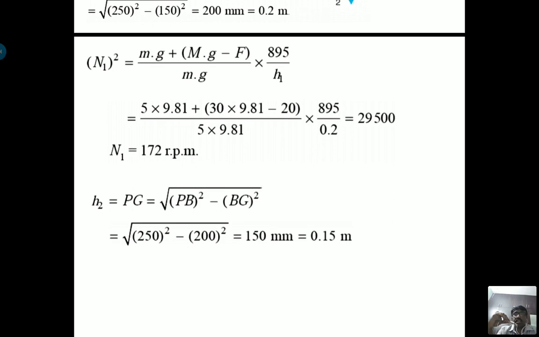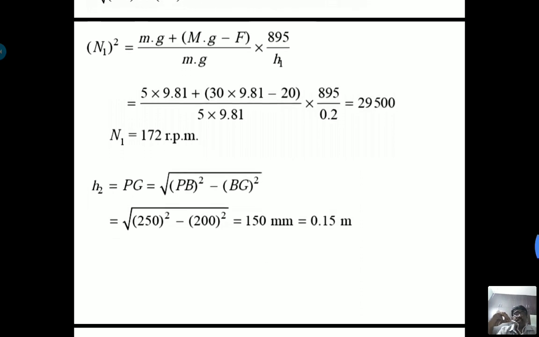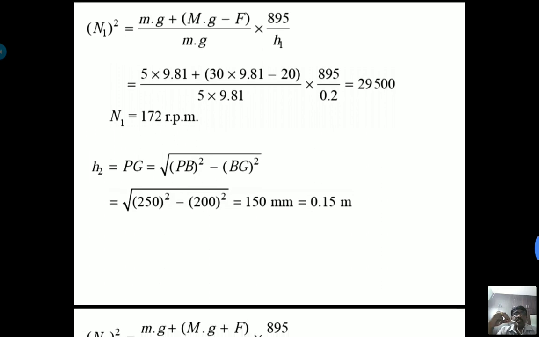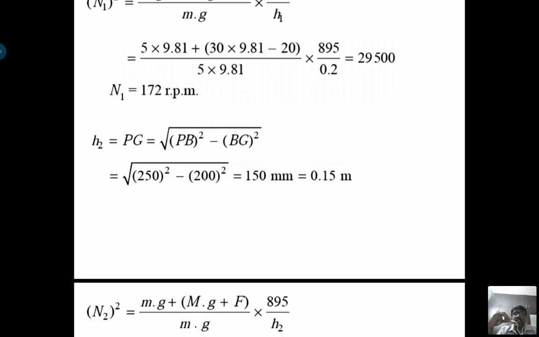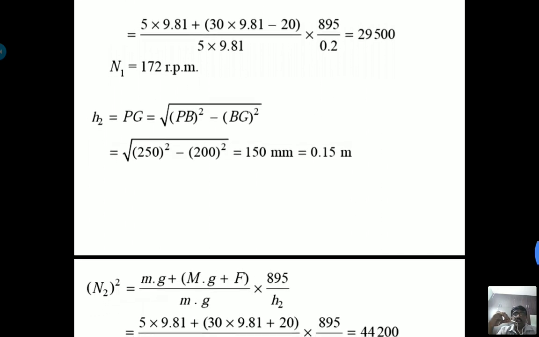Ensure that all the values are substituted in Newton, not in kg. Since the value 20 is in Newton, you have to convert all the kilogram values into Newton by multiplying with 9.81. So the value n1 square becomes 29,500 and n1 will be 172 rpm.